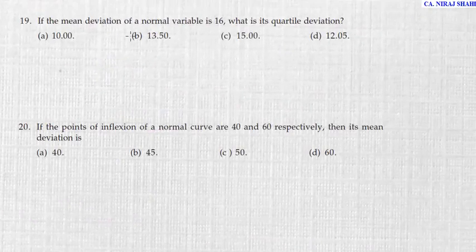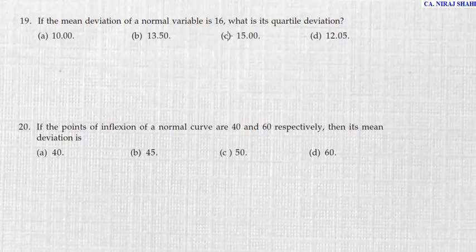If the mean deviation of a normal variable is 16, what is its quartile deviation? Now the formula for the mean deviation in normal distribution is 0.80 into sigma, and 0.675 into sigma is the quartile deviation in normal distribution.